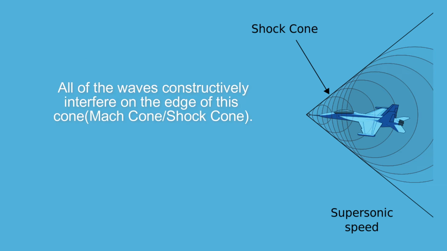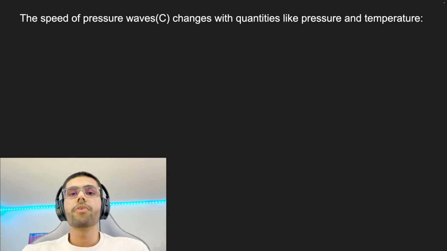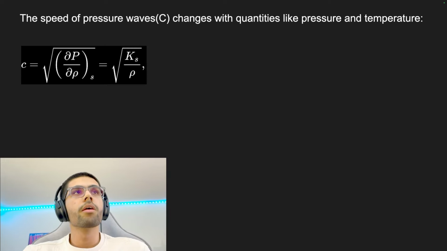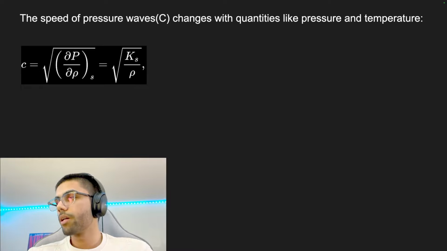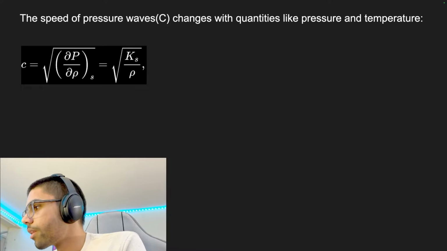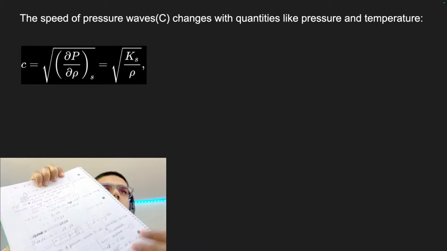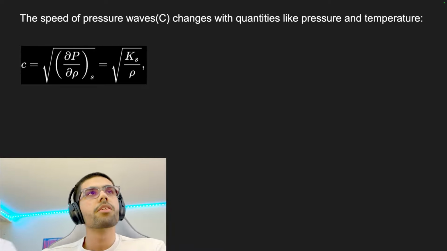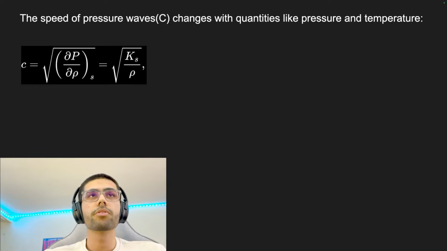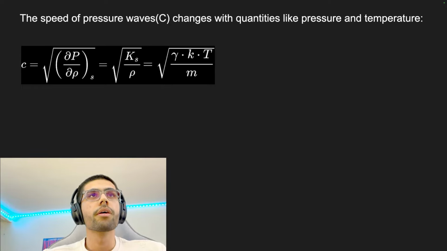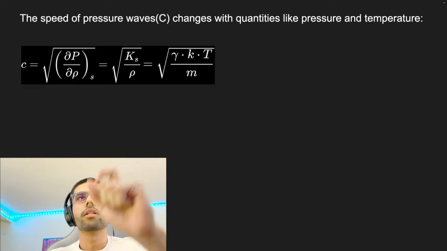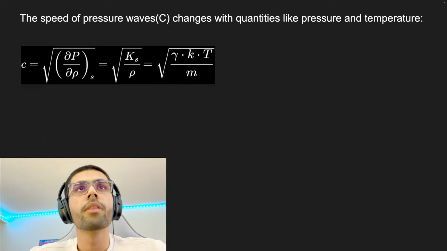And the speed of sound depends on other factors of the medium. If you do the basic calculations, you can derive the formula for the speed of sound, and that formula is going to look like this for ideal gases.